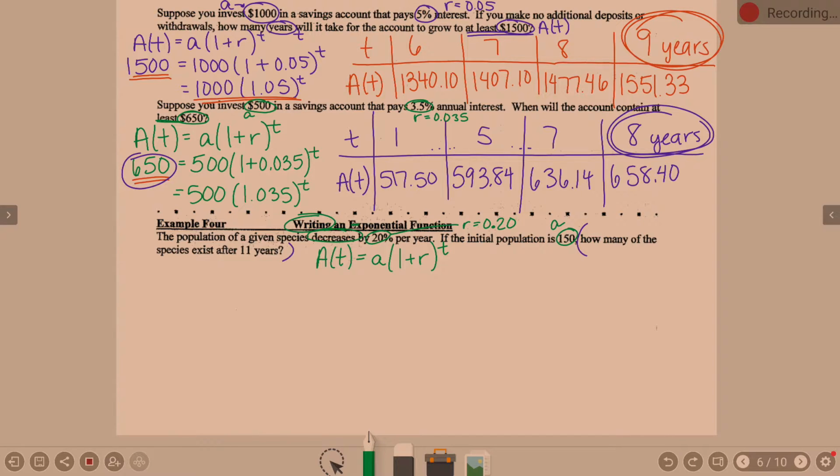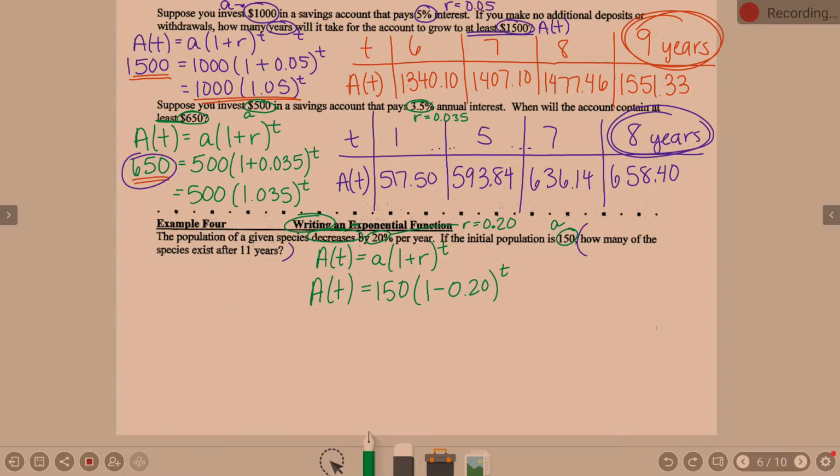So if we write an equation that represents the situation, we're not going to worry about how many species exist after 11 years, but just a generic equation, because this is a skill that's important. So A of t equals 150 times 1 minus 0.20, and then if this is just a generic equation that will work for any amount of years, raised to the power of t.